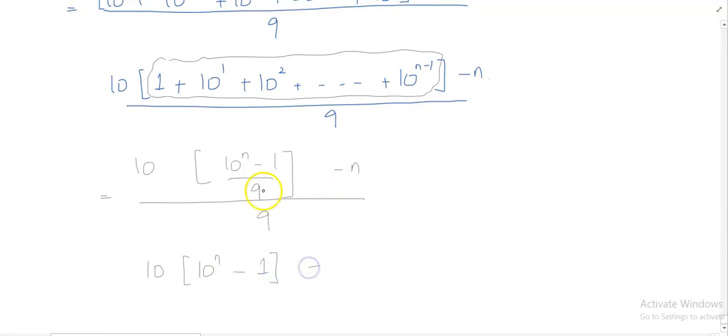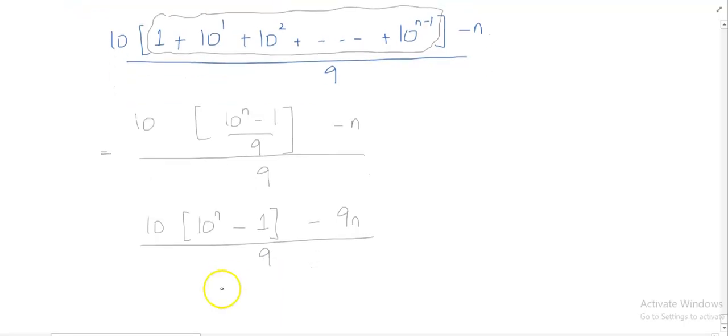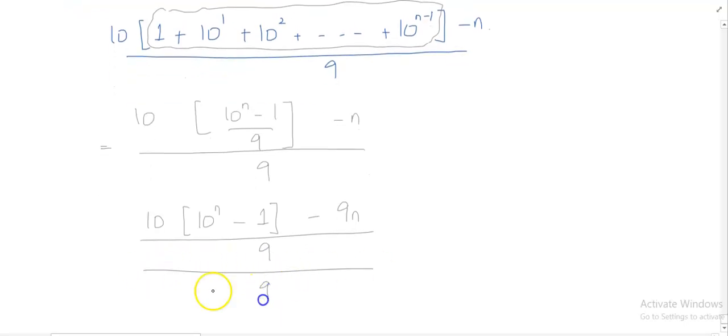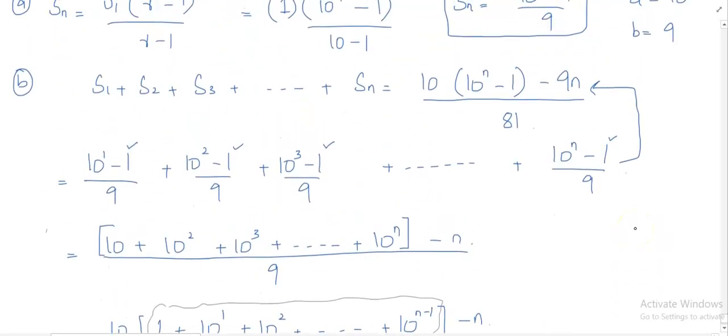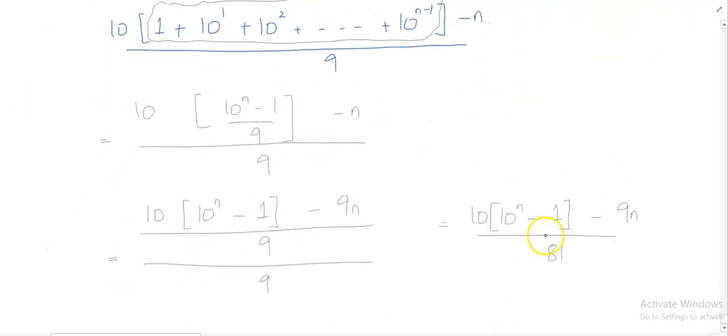Because 9 is up here, I'll make the denominator the same, so this becomes minus 9n divided by 9, and overall that's divided by 9 as well. So I end up getting 10 times (10 to the power of n minus 1) minus 9n, divided by 81. So this is what I wanted to show, and I have successfully achieved my goal. So yeah, this is going to be the solution for this particular case.